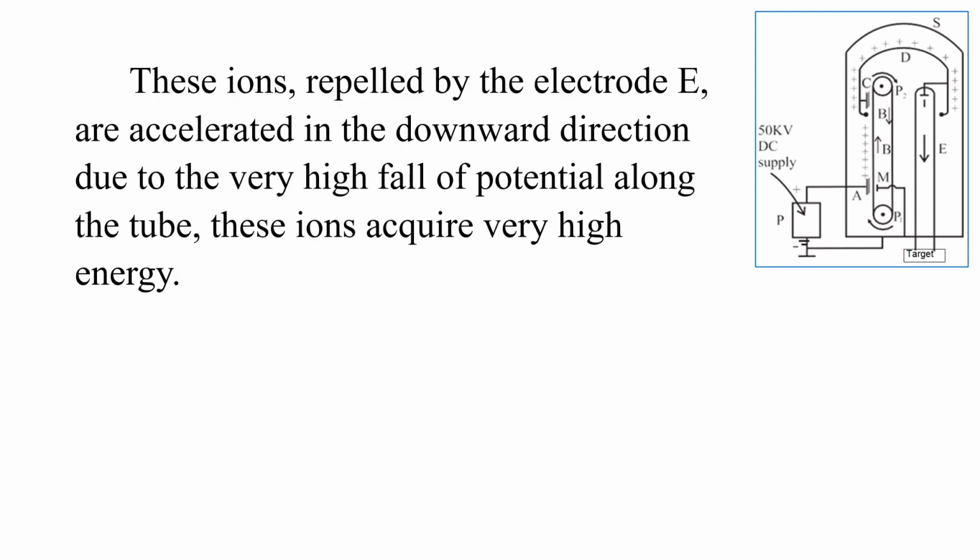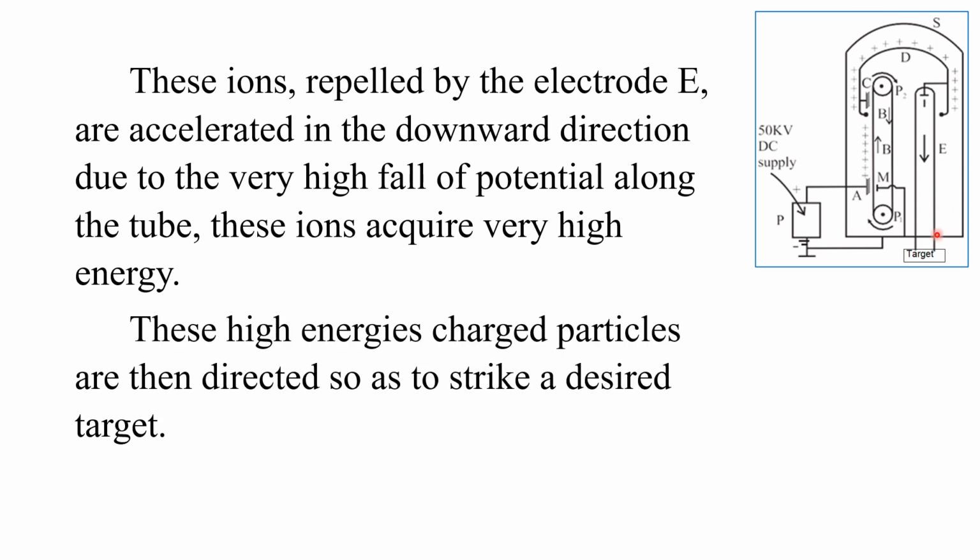These ions, repelled by electrode E, are accelerated in the downward direction due to the very high fall of potential along the tube. These ions acquire very high energy. These energetic charged particles are then directed so as to strike the desired target.